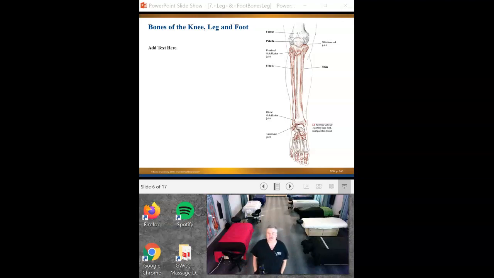The lower leg, and tomorrow we will learn, I shouldn't even say the lower leg. I should call it the leg. Because remember that our leg is our leg below our knee, and above our knee is our thigh. So we're going to learn about the bones of the leg and knee. And tomorrow we'll learn about the bones of the foot.